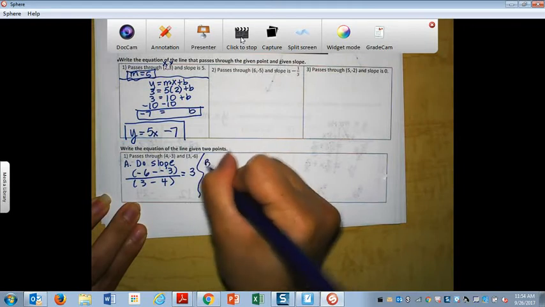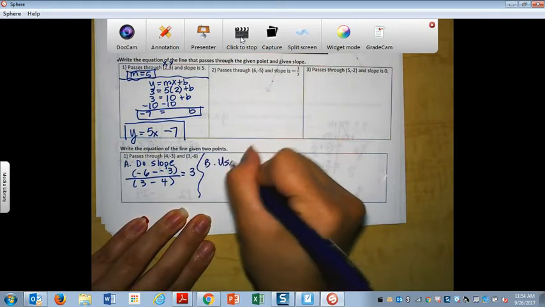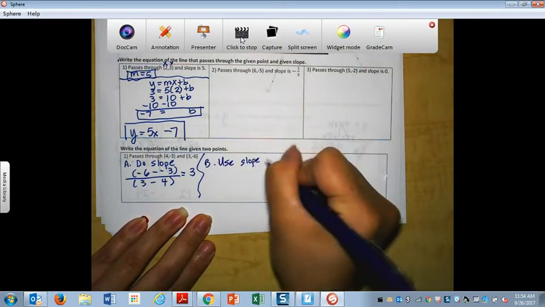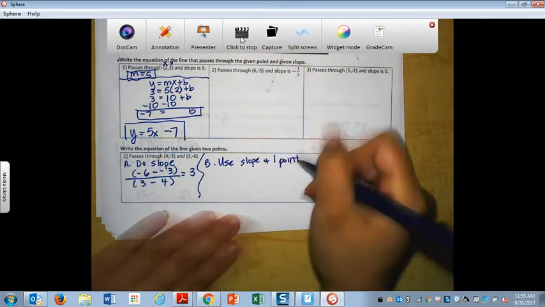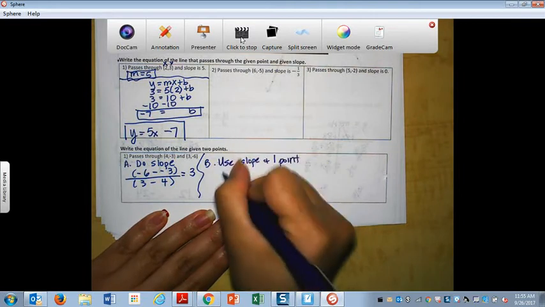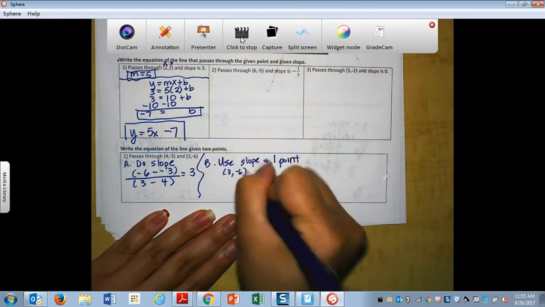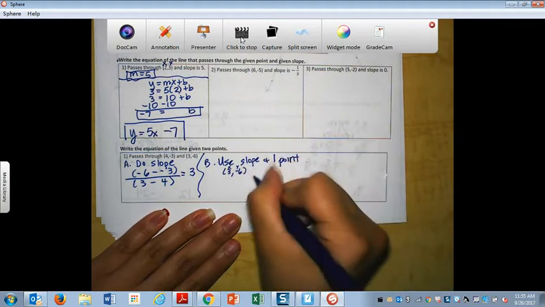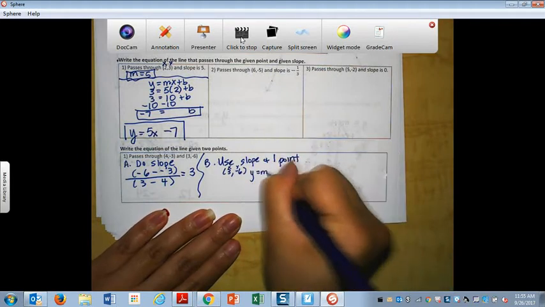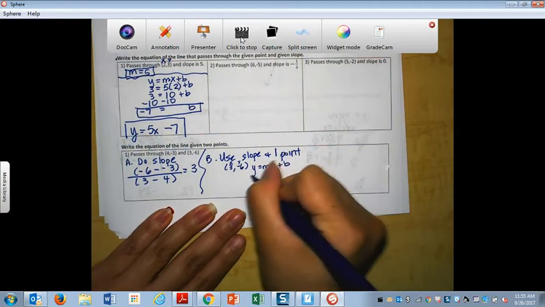Step B, use slope and 1 point. So I'm going to do 3, negative 6 as my x and y. I'm going to plug into y equals mx plus b. My y is negative 6.